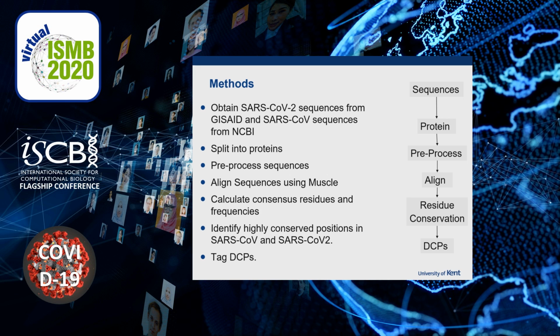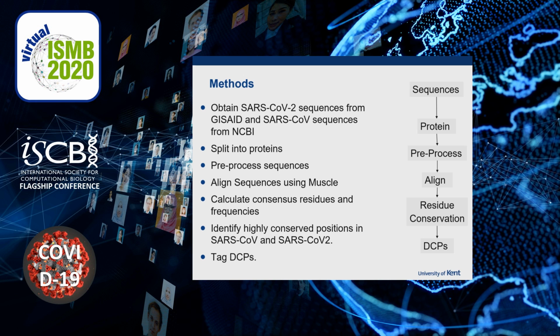So, with this being a valid method to use to identify these sorts of protein sequence differences, we then applied it to coronavirus. First we obtained the SARS-CoV-2 sequences from GISAID and the SARS-CoV sequences from NCBI. We translated the nucleotide sequences we got from GISAID into proteins by using getorf and extracting the proteins from the open reading frames.